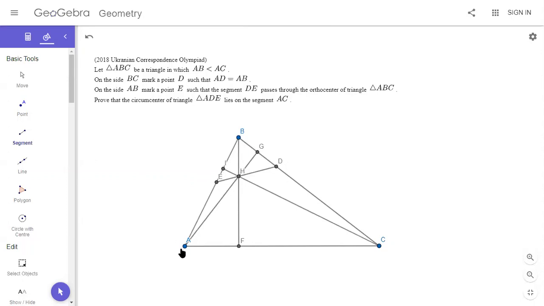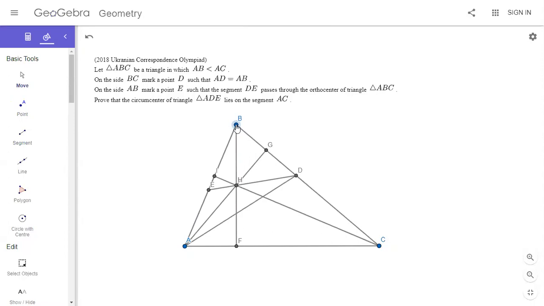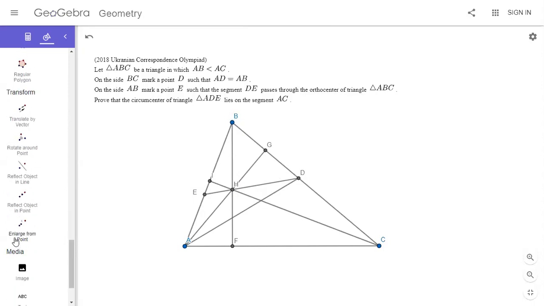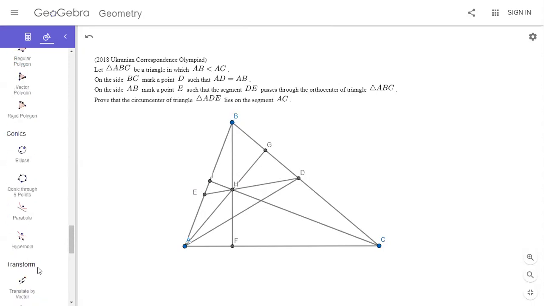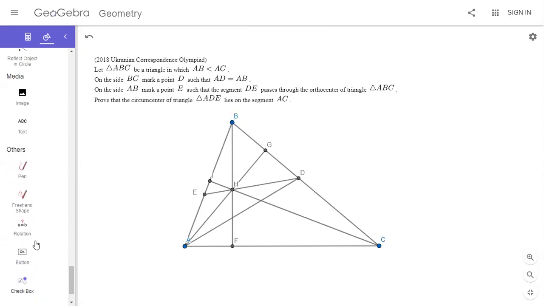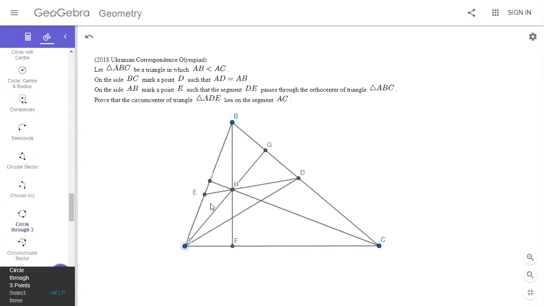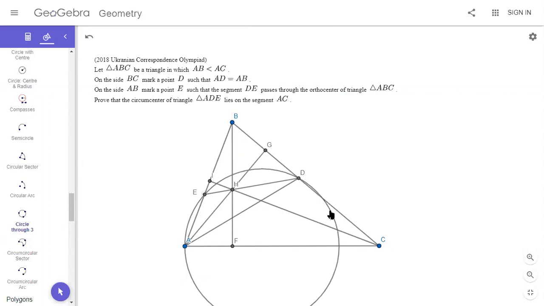So yeah, we just need to remember that AD is equal to AB. So then let's draw the circumcenter, draw the circumcircle of ADE. There we go.